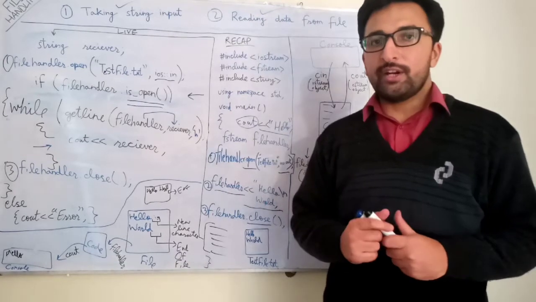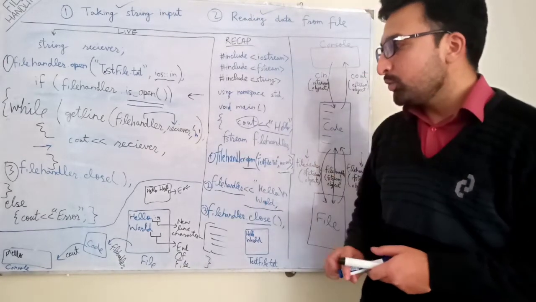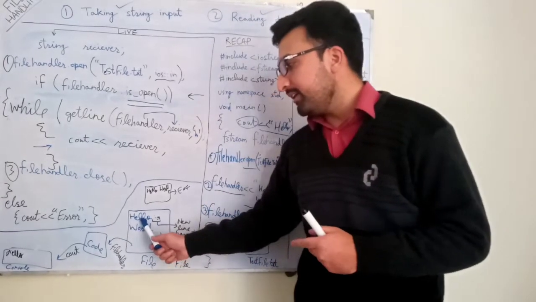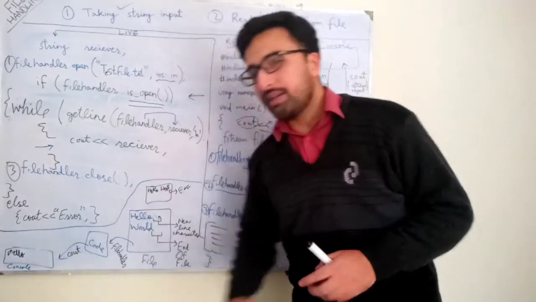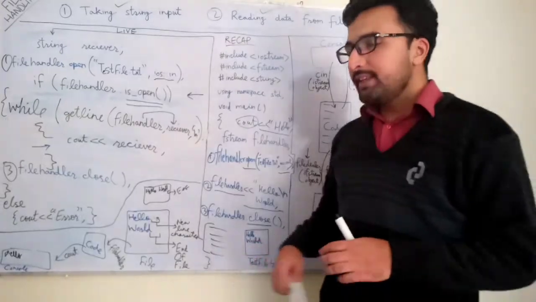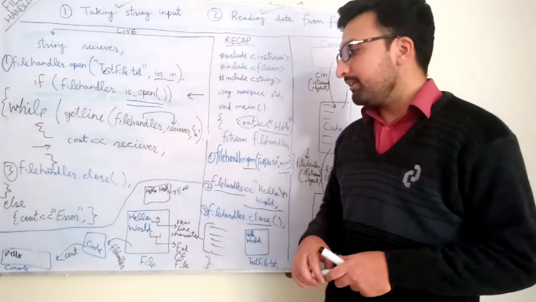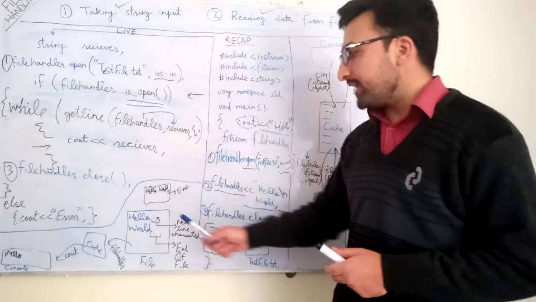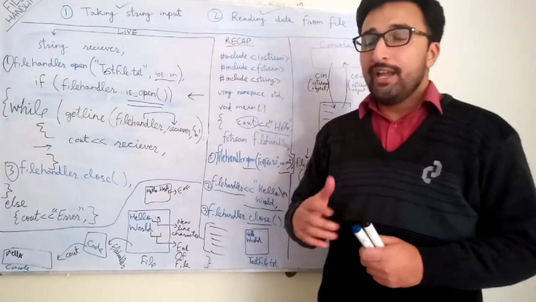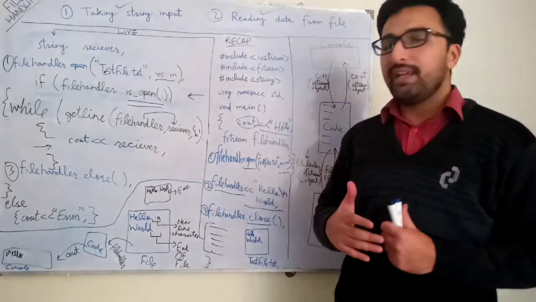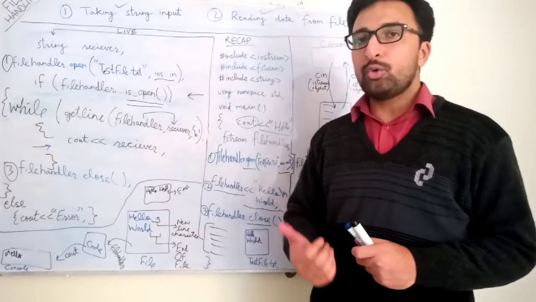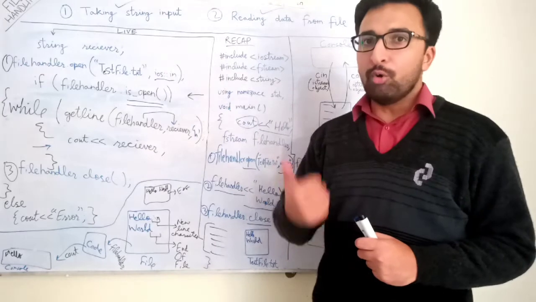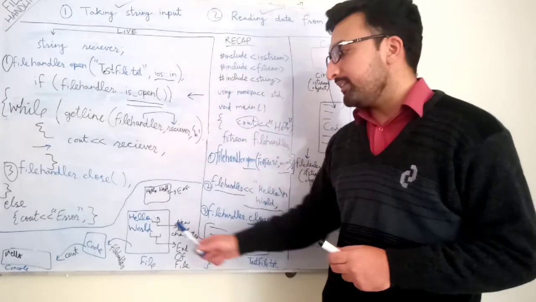Now we have encountered a problem. What we wanted to do was receive all the contents of this particular file and display them onto the console. However, with the previous code that we had written, we were not able to do that, because as soon as the delimiter arrived, we stopped reading the data from the file, and thus we were not able to retrieve the whole content present in the file.